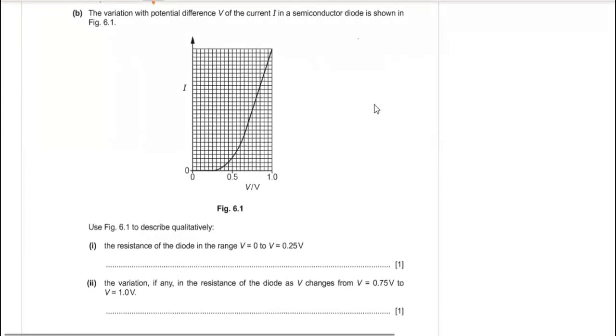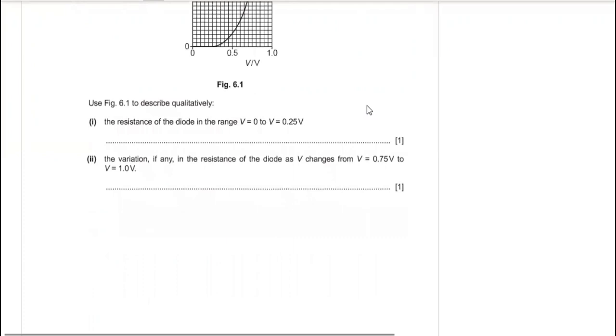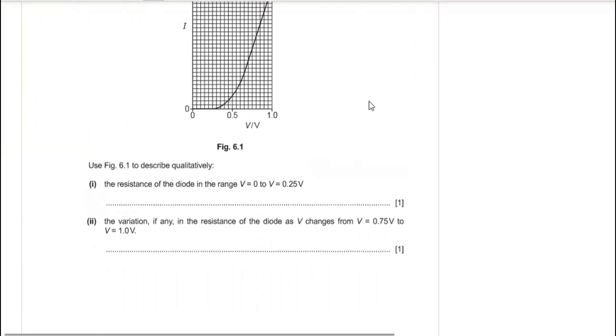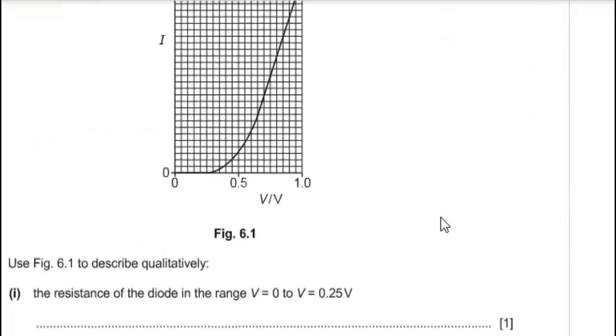Part B. The variation with potential difference V of the current I in a semiconductor diode is shown in the diagram. Describe qualitatively. Qualitatively means we don't need the values. Roman 1, the resistance of the diode in the range V equals 0 to V equals 0.25. Here, you can see clearly that the value of I is 0.